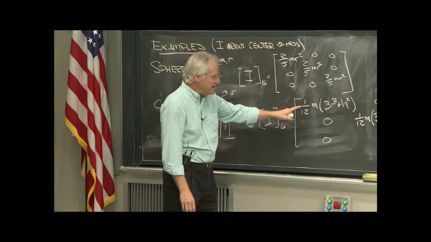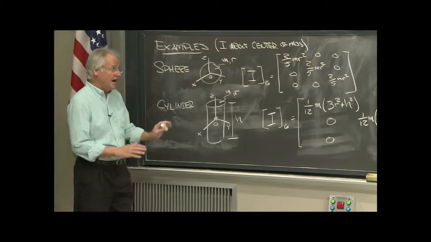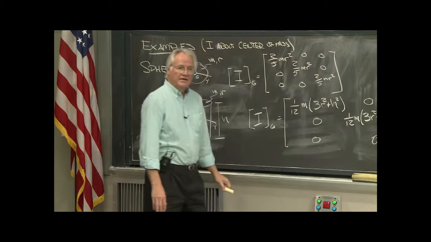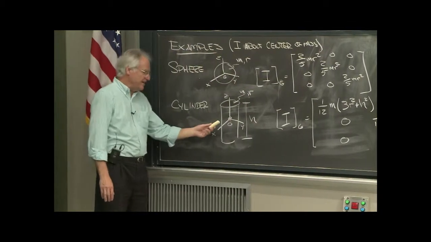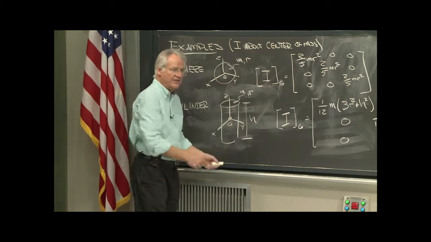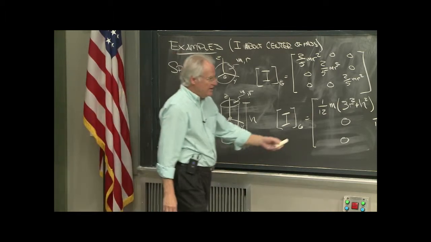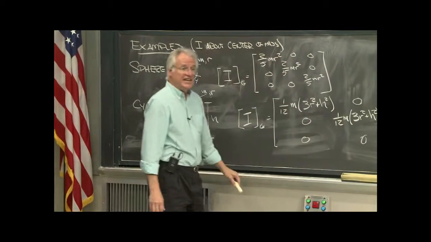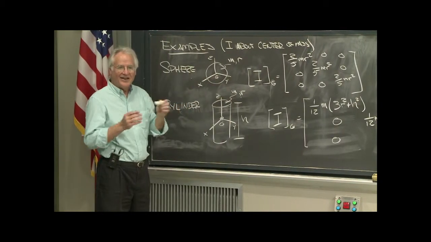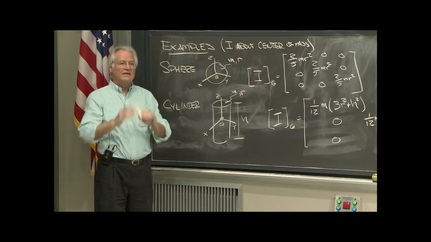Notice that the x-axis, Ixx, and the y-axis, Iyy, oddly are the same, 1/2 m times that, and that makes sense. Moment of inertia, if you spin it about this axis or about this axis, is the same. Clear enough? And the third axis, the ZZ axis, if you spin it this way, you're going to get a different number, because it's the difference between this and that.